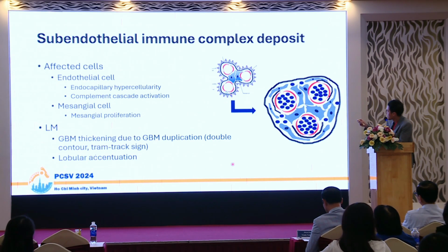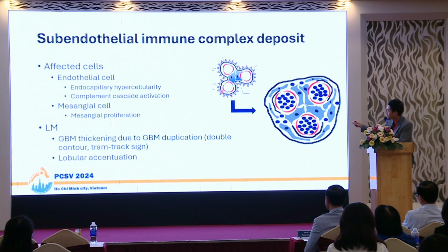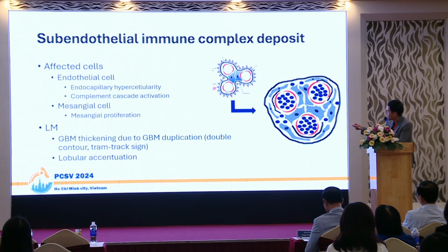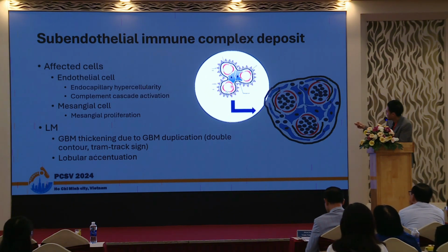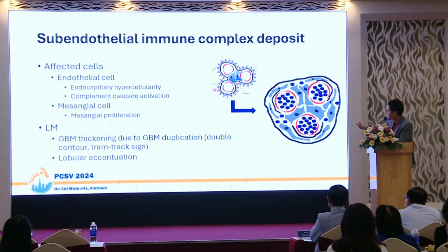For subendothelial immune deposit, something is deposited in the subendothelial space. So endothelial cells are affected, so they proliferate, which leads to complement cascade activation. And because the subendothelial space is ultimately connected to the mesangial space, mesangial cells also proliferate.